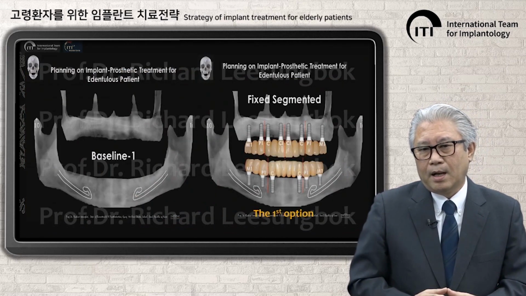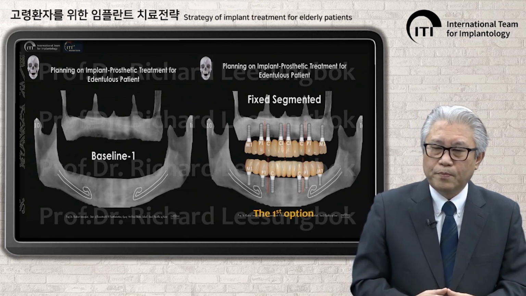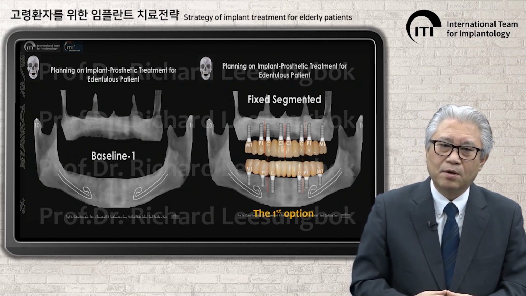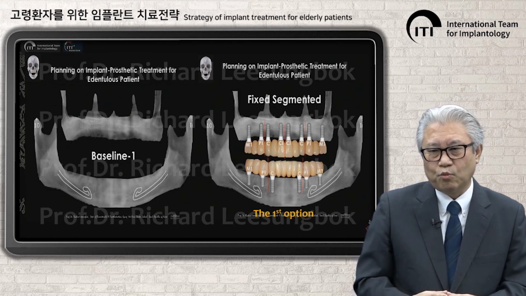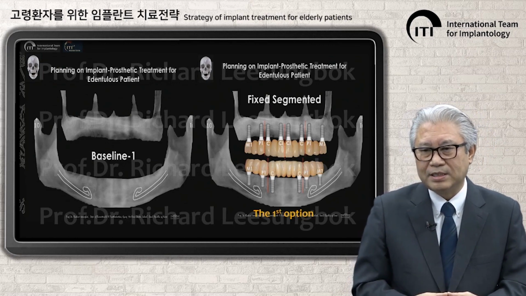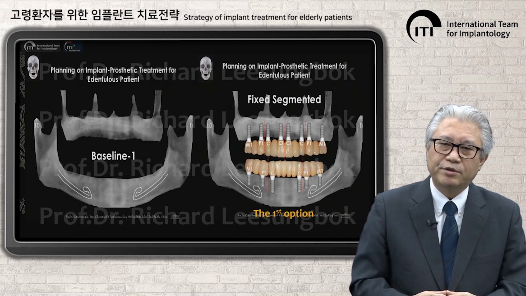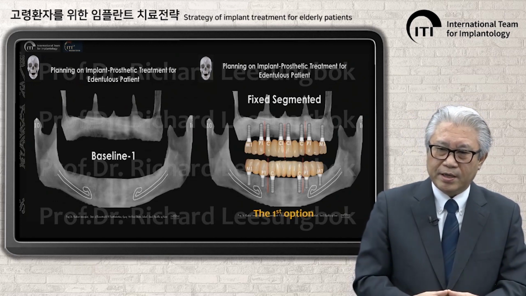The next thing we need to study is to specifically design how many implants will be placed and what kind of prosthetic treatment will be provided on the edentulous jaws.